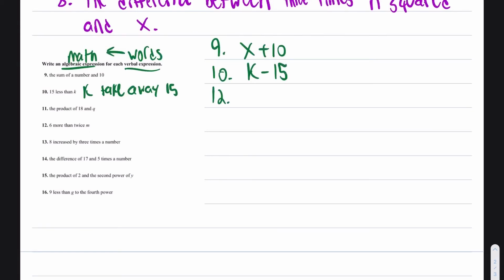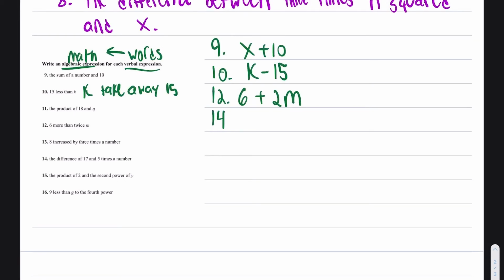12. 6 more than twice m. So that means more than means add. So we have a plus, we have a 6, and we have twice m. 14. The difference of 17 and 5 times a number.